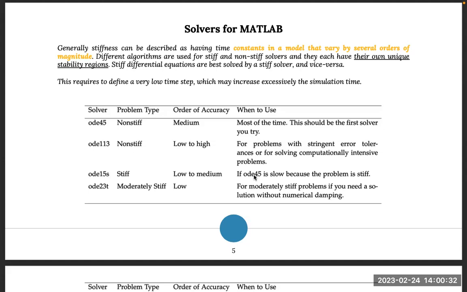And let me tell you, that's very important, because when you're modeling a big system, things like this are going to make a difference. So if you're using ODE45 to solve your system and get your numerical approximation, and it's taking too long, maybe it's because you have some fast dynamics going on. So you need to change your ODE solver, basically. Or you can stay with ODE45 and it's going to take a long time.